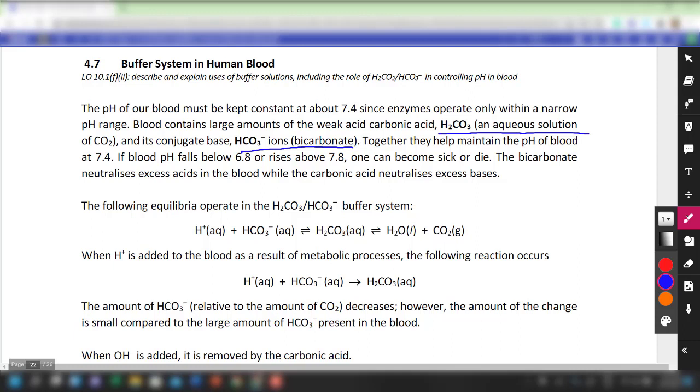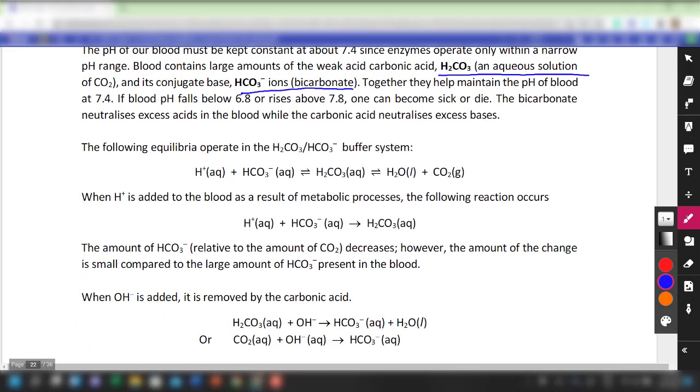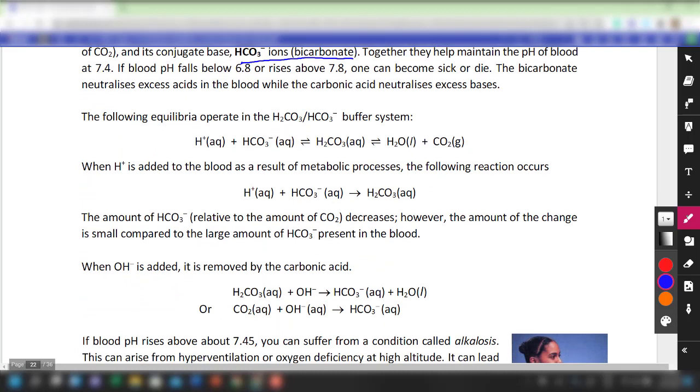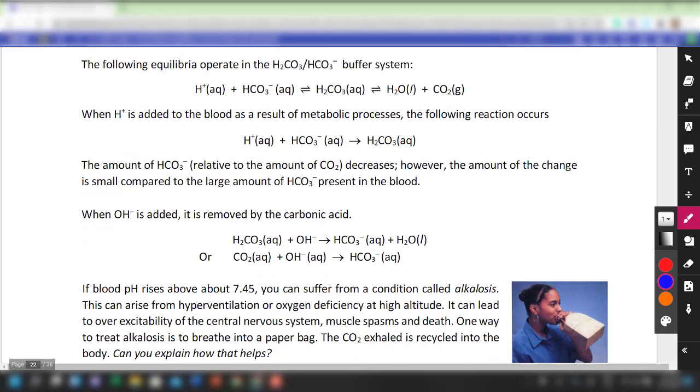There are areas in the body where the enzymes work in extreme regions, but we don't deal with them. Over this portion, you can read through on your own how the equilibrium operating between carbonic acid and bicarbonate helps to maintain the pH of the blood.